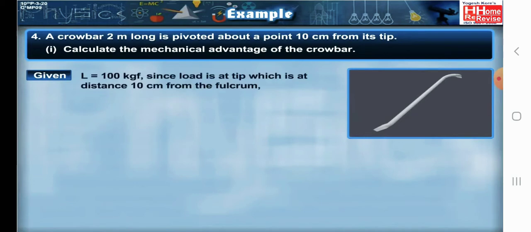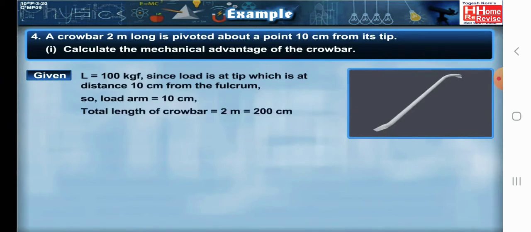Given L is equal to 100 kgf, since load is at tip, which is at distance 10 centimeters from the fulcrum, so load arm is equal to 10 centimeters. Total length of crowbar is equal to 2 meters, which equals 200 centimeters. Effort arm is equal to 200 minus 10, which equals 190 centimeters.